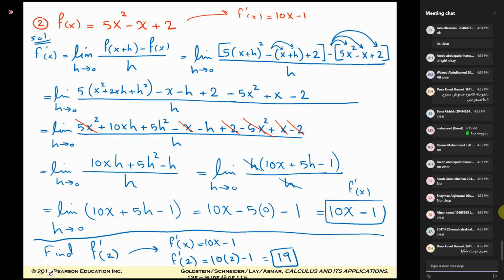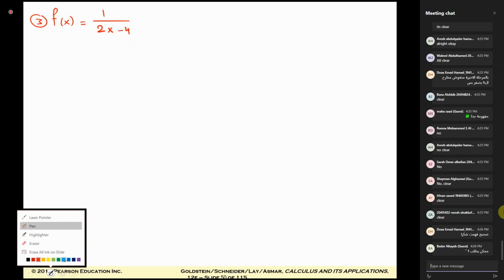Okay. Number 3, if we have a fraction, for example f of x equals 1 over 2x minus 4. Okay, how can we find the derivative for this one?